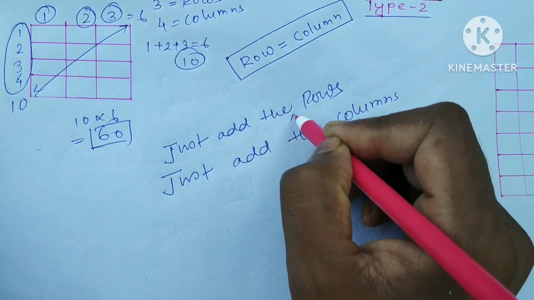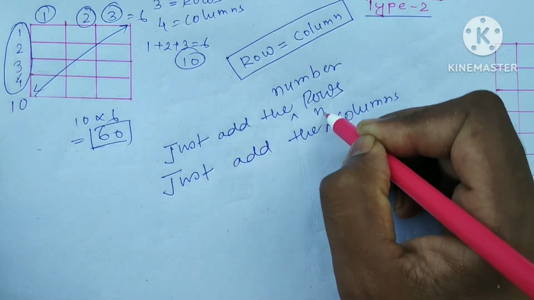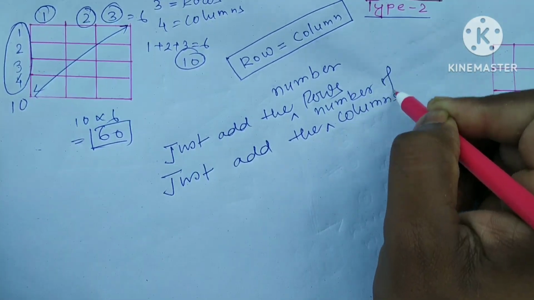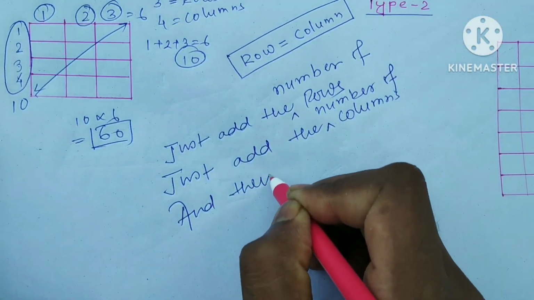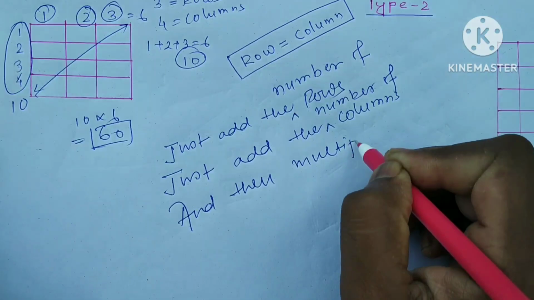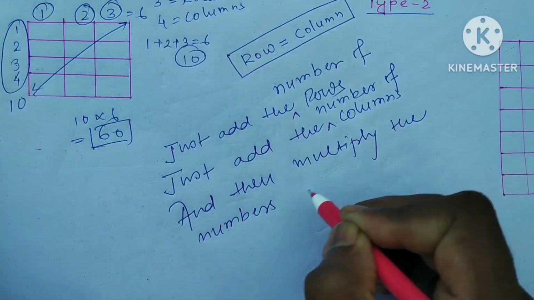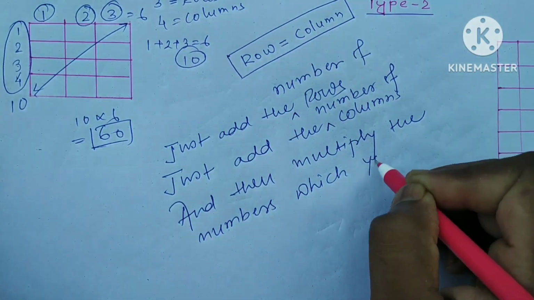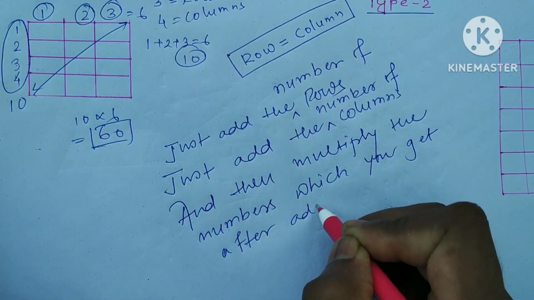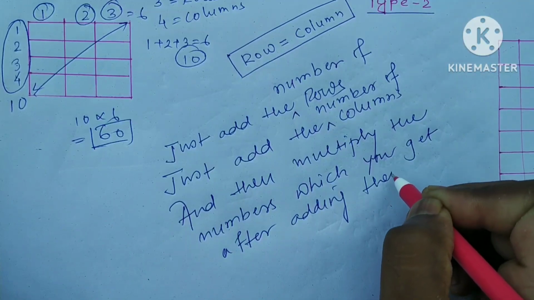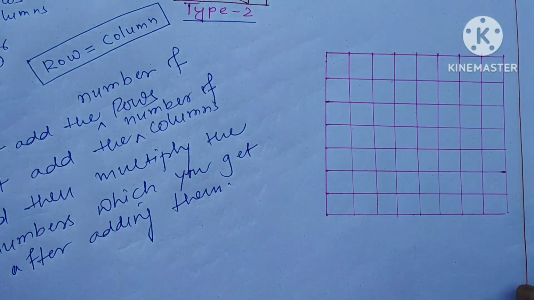Actually, just add the number of rows, just add the number of columns, and then multiply the numbers which you get after adding them.